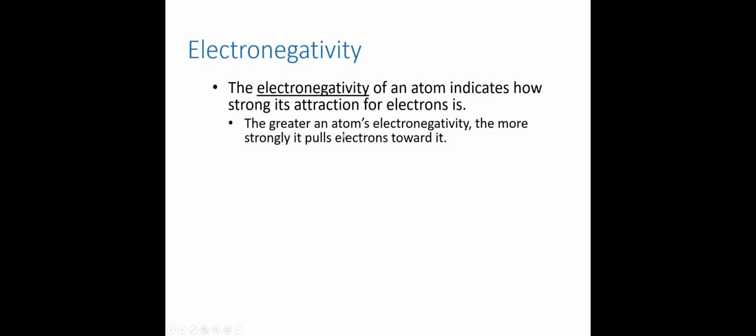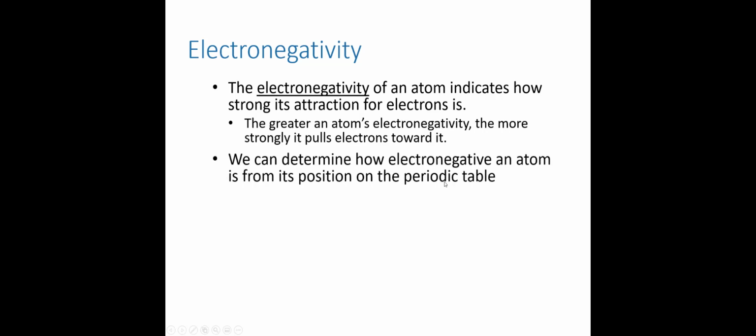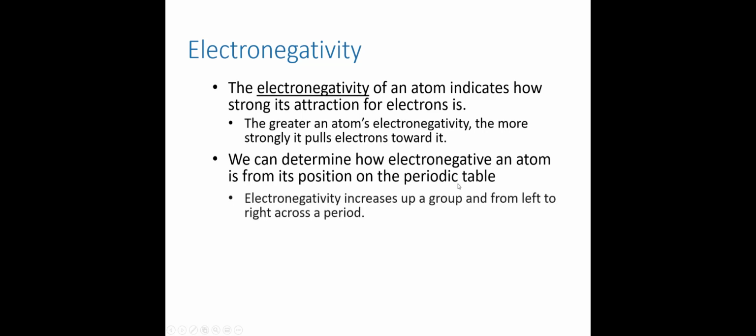The greater the atom's electronegativity, the more it pulls the electrons toward it, and we could say the less it wants to share. As I mentioned, it's a periodic property, so we can determine it based on its position in the periodic table. Electronegativity increases up a group and going from left to right across a period.